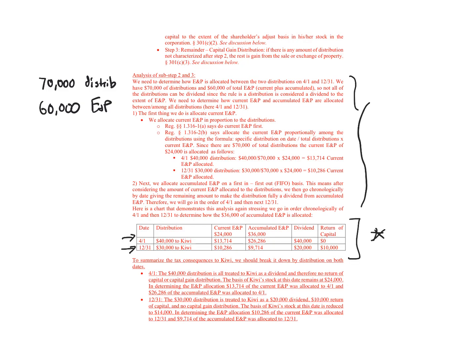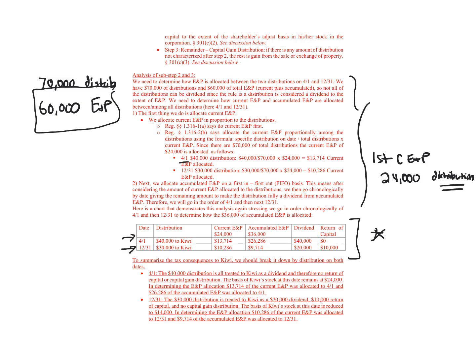So remember the rules. Because we don't have enough E&P, the rule is first, we allocate current E&P. And how do we allocate current E&P? We allocate the $24,000 of current E&P based on distributions. Here is the allocation.